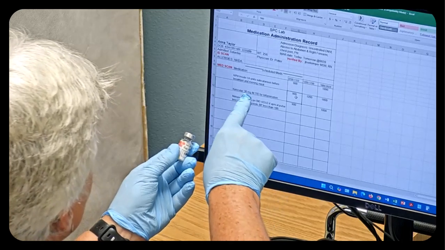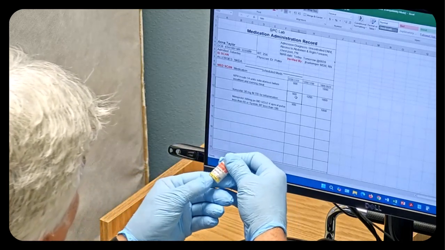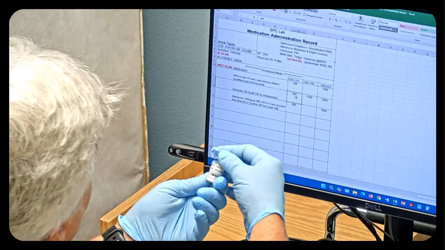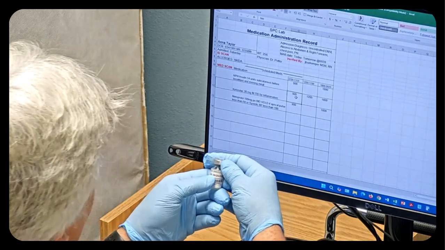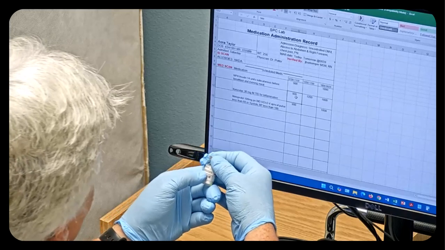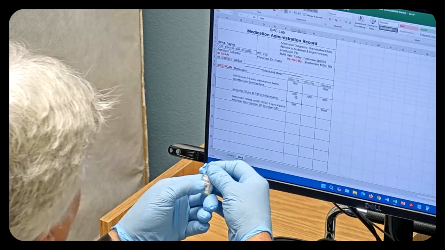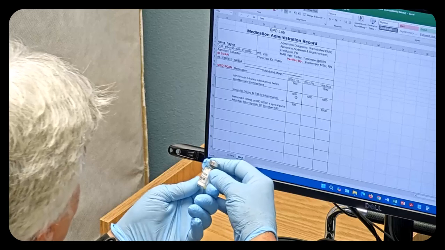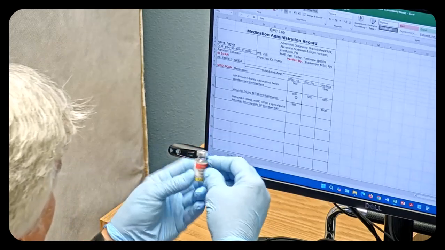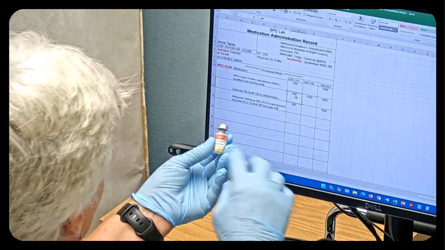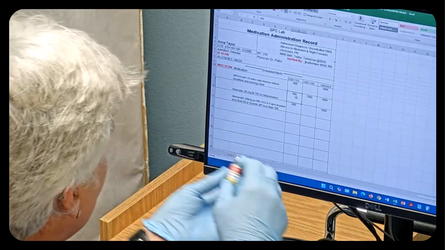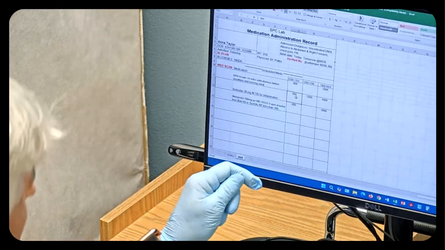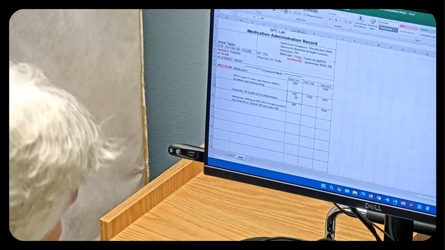And I'm to give 30 milligrams, so 30 milligrams per 1 mL means I need to give 1 mL. And I have expiration date 8/25 of 2025. So it's intact, okay, and it matches, okay, so 30 milligrams, we're giving that IM, and we're going to give that at 9 o'clock.